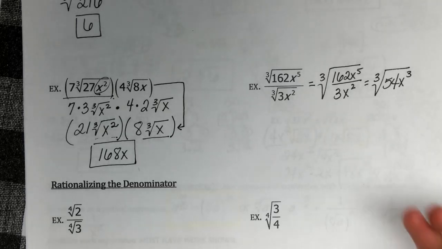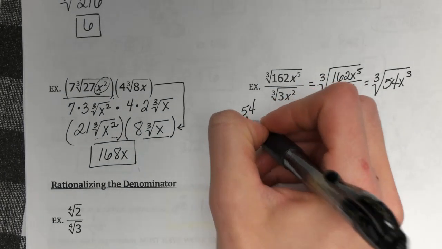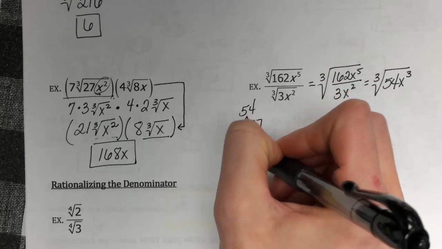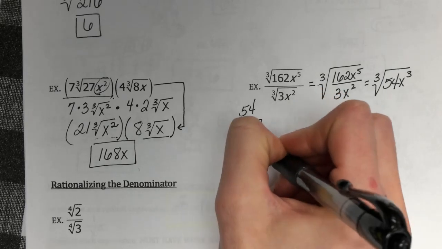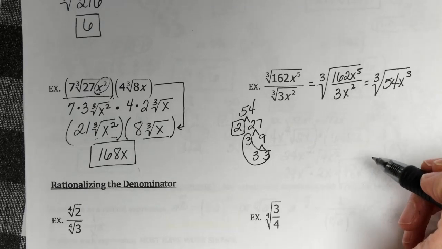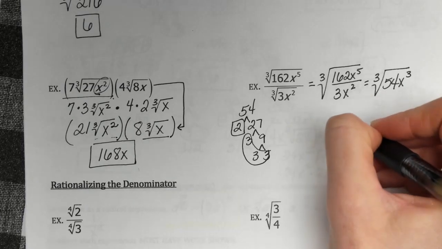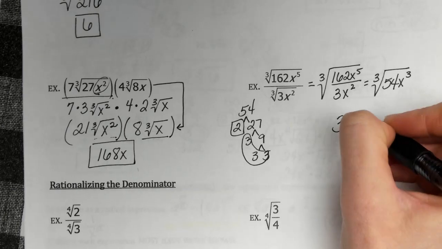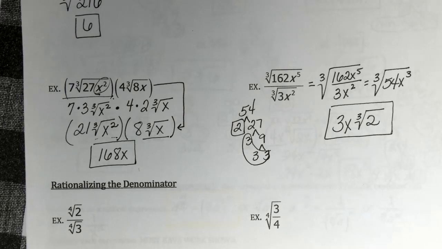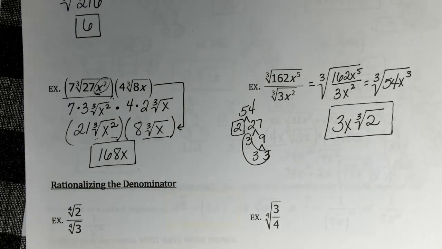Can I simplify 54? That's going to give me 2 and 27, 3 and 9, 3 and 3. So, what's my final answer going to be? 3x cube root of 2. Y'all good with that? Okay.